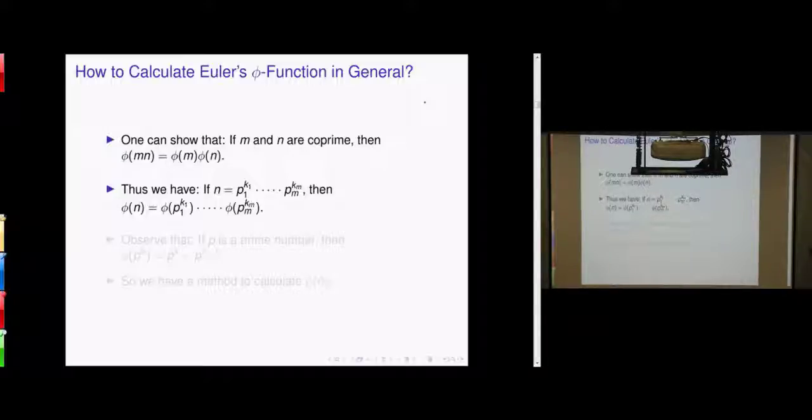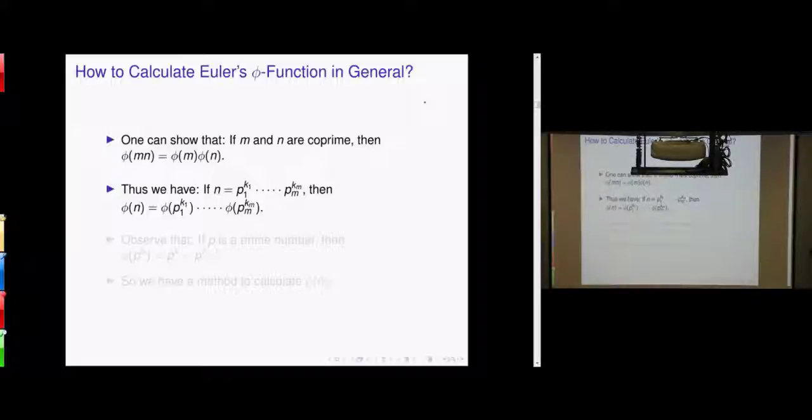This we have seen several times, right? For any natural number, you can factorize it into a product of primes. So any natural number, you can write it as p1 to the k1, dot dot dot, pm to the km, where the pi's are prime numbers. So then apply this fact.